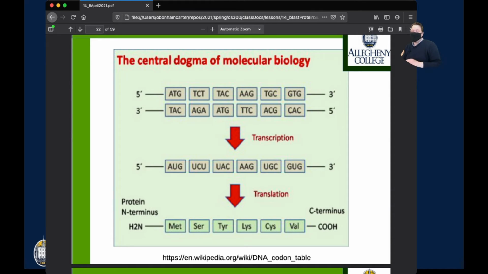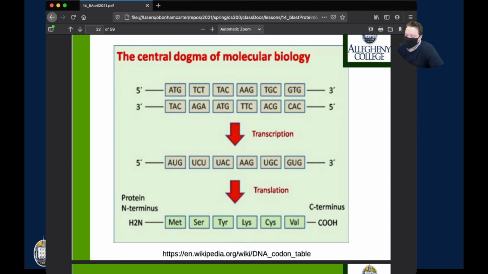Then you have your transcription, which gives you the RNA, and then the RNA gives you translation, which gives you the protein. Typically your proteins will begin with methionine, so that's your MET that begins the protein on the bottom line. That is the beginning of your protein.